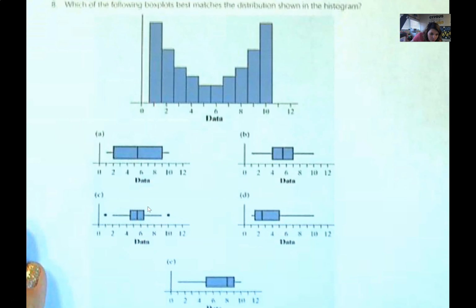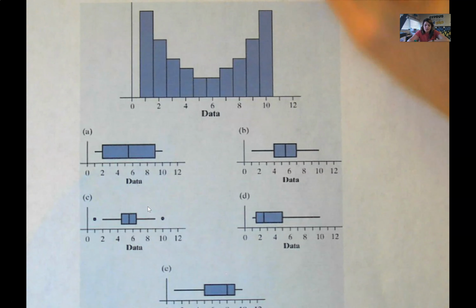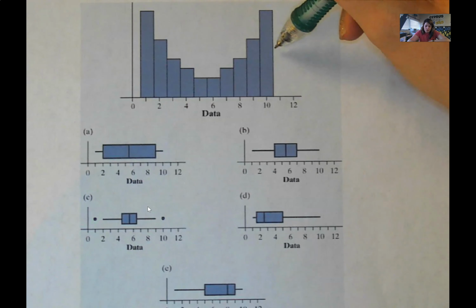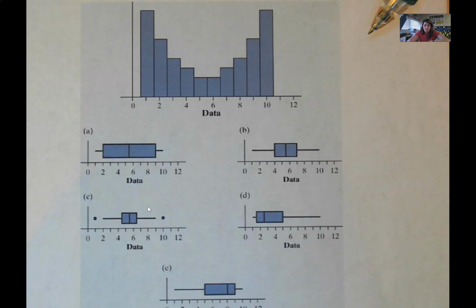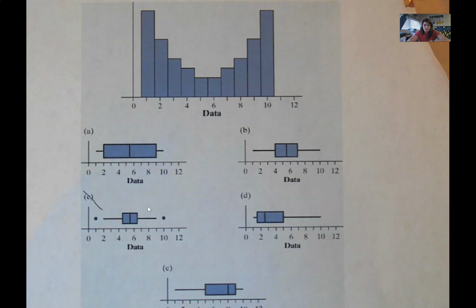Okay, lovies, we're on the last page. This one I'm going to kind of do real time because I feel like it is very challenging, but it is going to be extremely helpful to go over it. It wants to know which of these box plots matches this histogram. Well, I can automatically exclude C. Why?